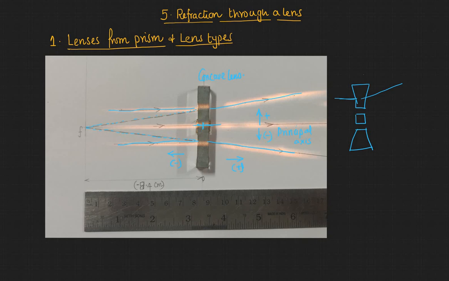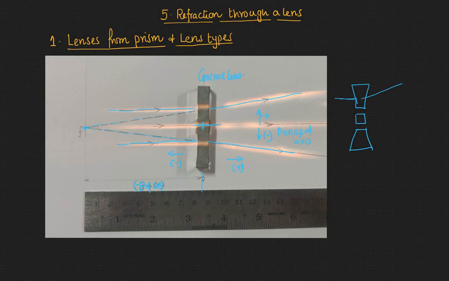So that's a sign convention. You can see that if you extend this light, it will converge at a distance of about 8.4 centimeters. So our focal length for this concave lens is minus 8.4 centimeters.